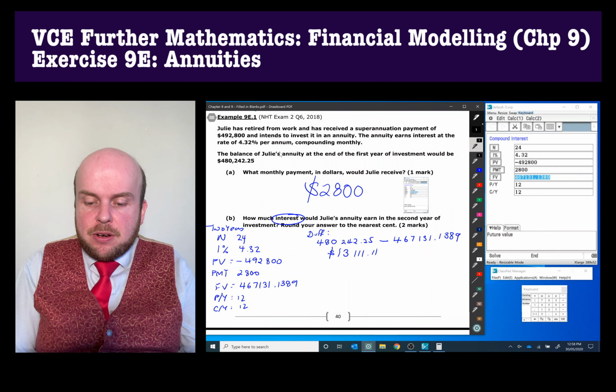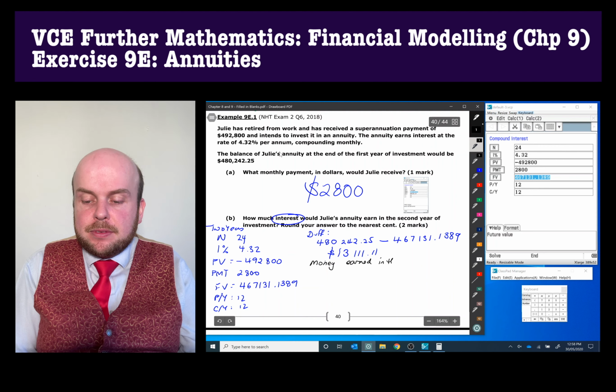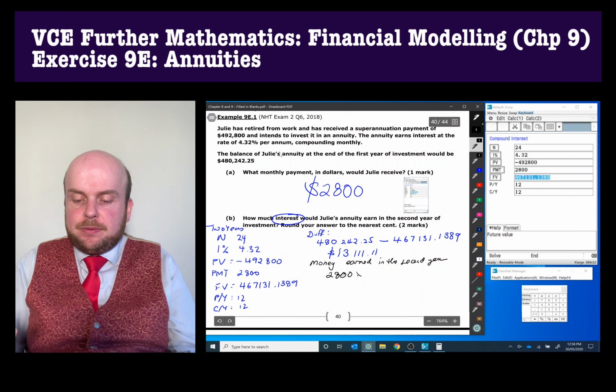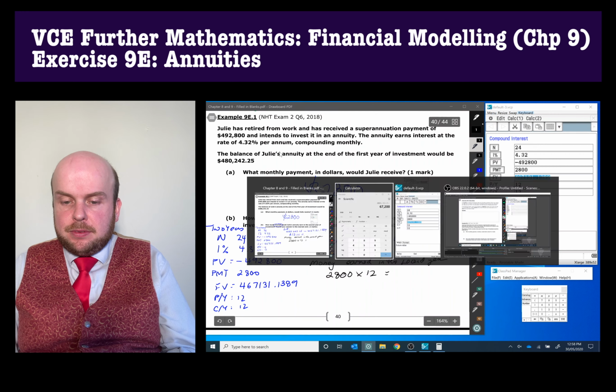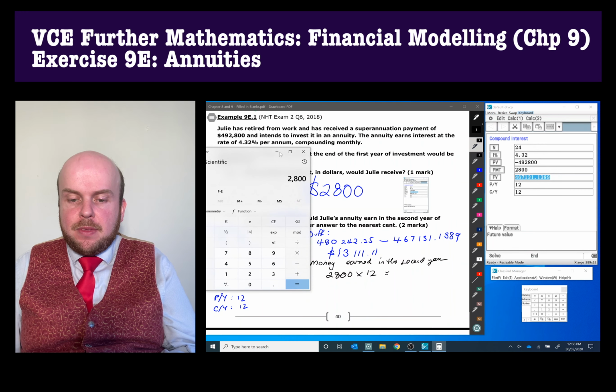So the money she receives in the second year is going to be 2,800 times 12.